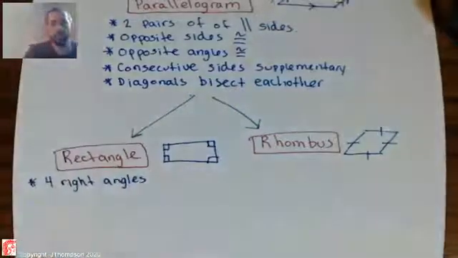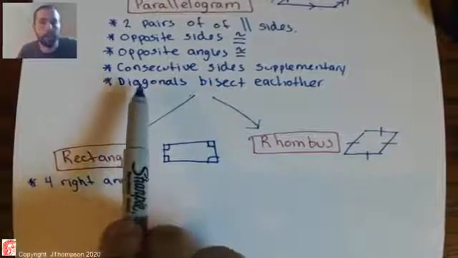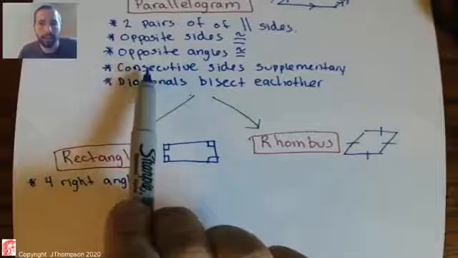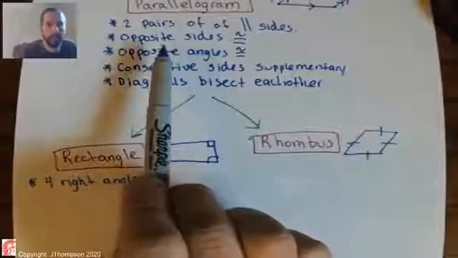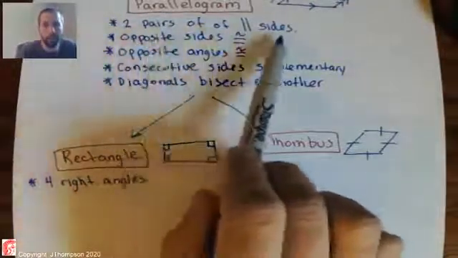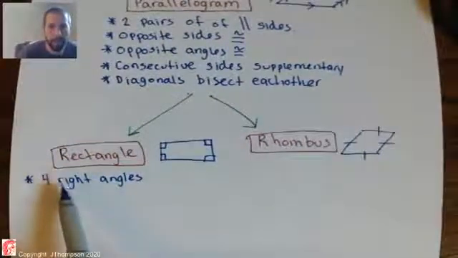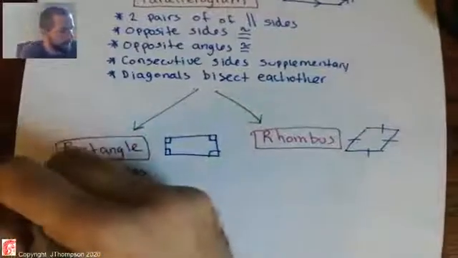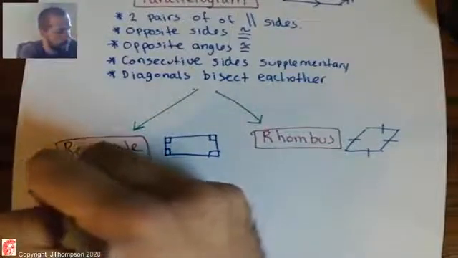Now, in addition to a rectangle having 4 right angles, it has all of these properties above. Diagonals bisect each other, the consecutive angles are supplementary, the opposite angles are congruent, the opposite sides are congruent, and then it also has 2 pairs of parallel sides. So this has everything a parallelogram has, plus it has 4 right angles, and something else about the diagonals is that the diagonals are congruent.